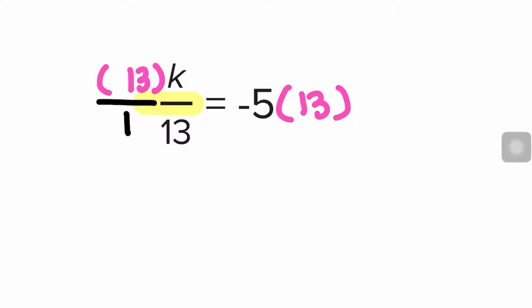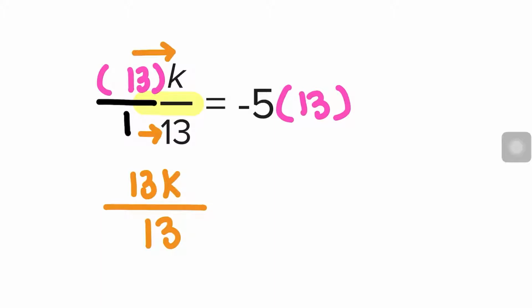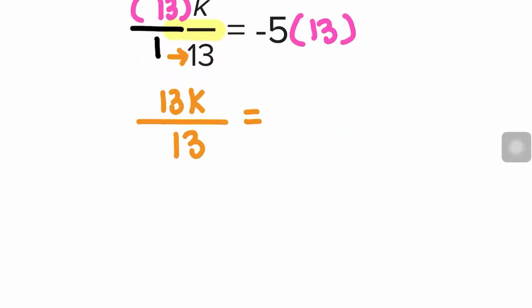And when we multiply 13 times k, that's 13k, divided by 1 times 13, which is 13, equals negative 5 times 13, that is gonna be negative 65.